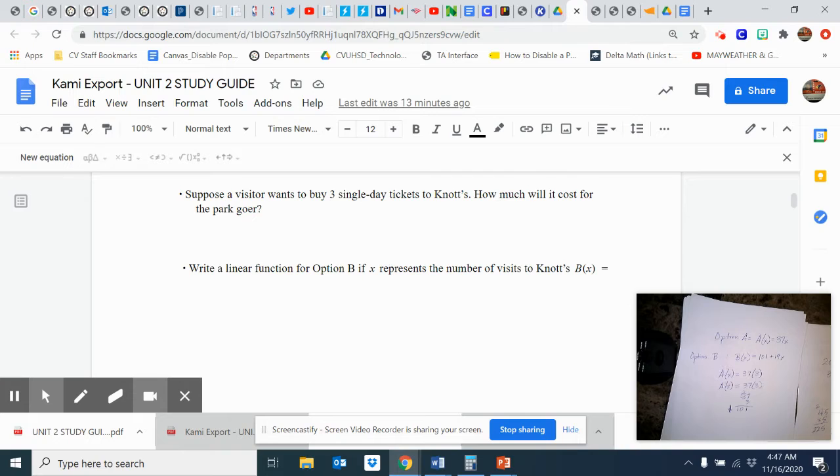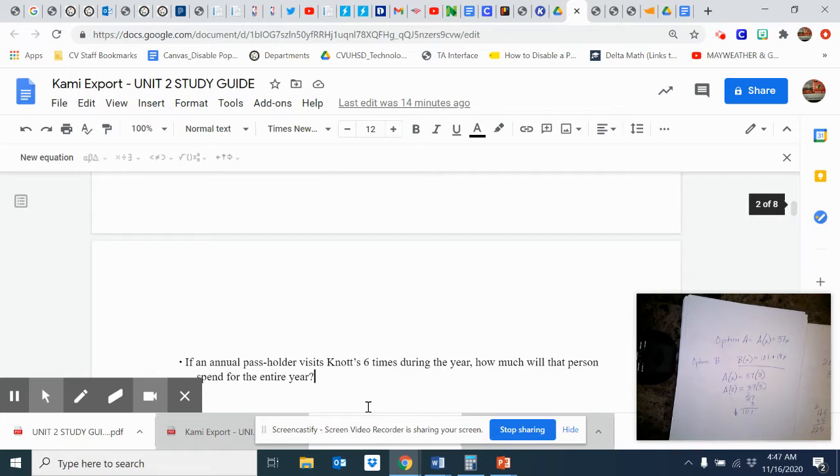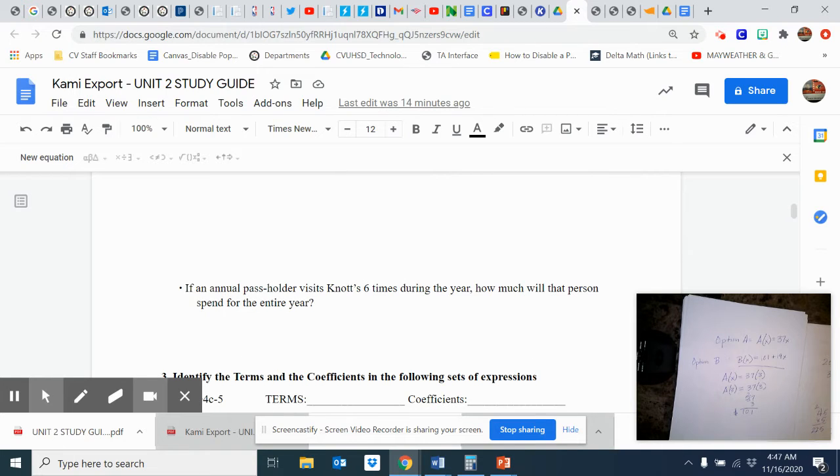For option B, we have that written, so it's 101 plus 19x. The annual pass holder visits Knott's 6 times. How much will that person spend for the entire year? So that one would be B of x equals 101 plus 19x.